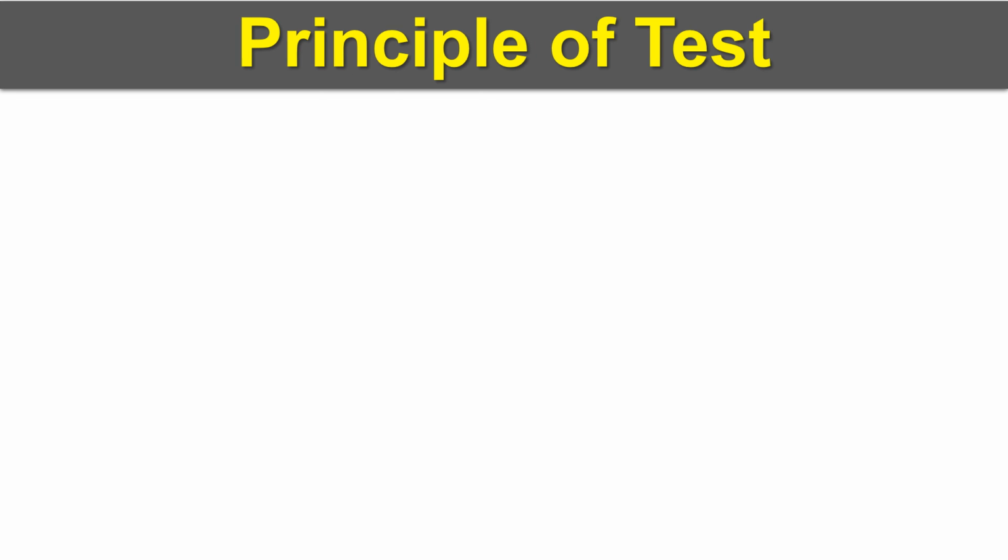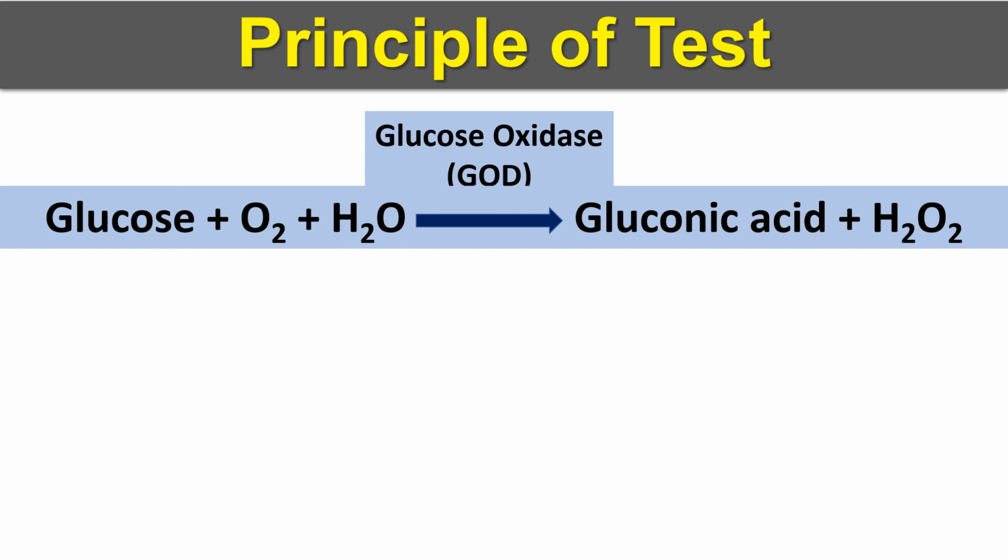The main principle of this test is that it occurs in a two-step reaction. In the first step, the aldehyde group of glucose is oxidized. Glucose is an aldose, an aldehyde-containing carbohydrate. The aldehyde group of glucose is oxidized by glucose oxidase enzyme to give gluconic acid and hydrogen peroxide.